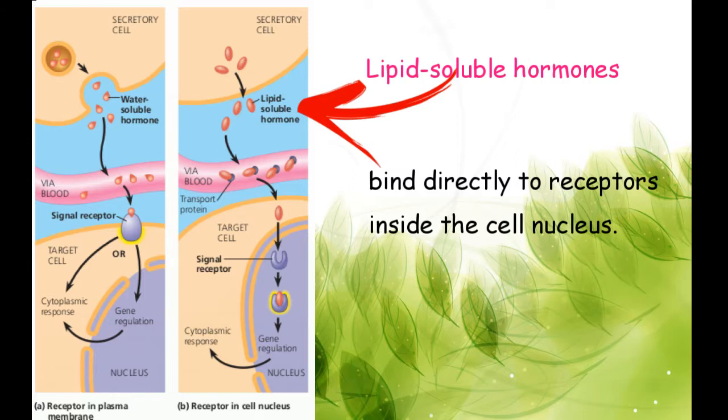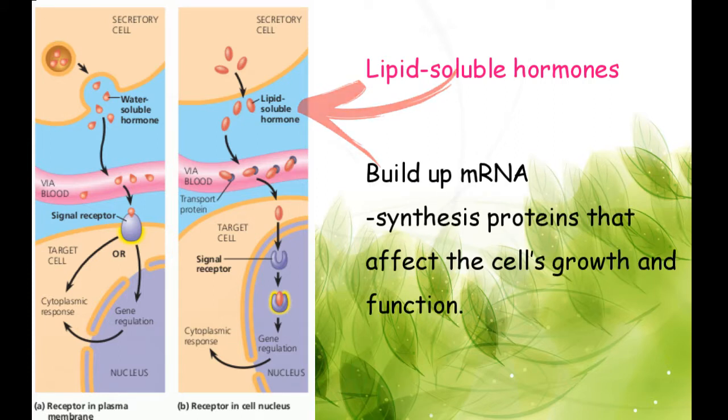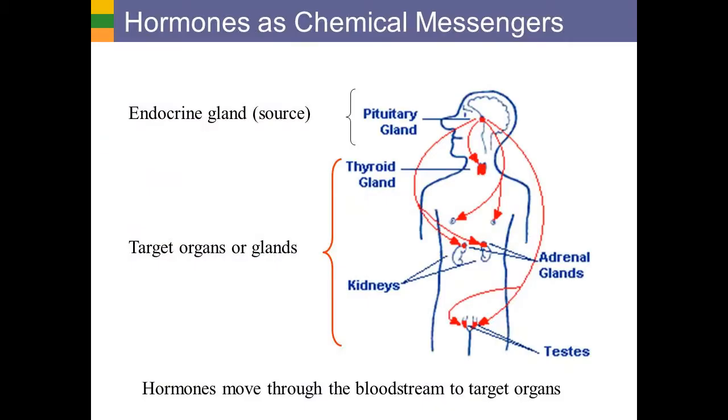Lipid-soluble hormones directly control the function of the cell from these receptors, often triggering the transcription of particular genes in the DNA to produce messenger RNA, or mRNA, that is used to make proteins that affect cell growth and function.